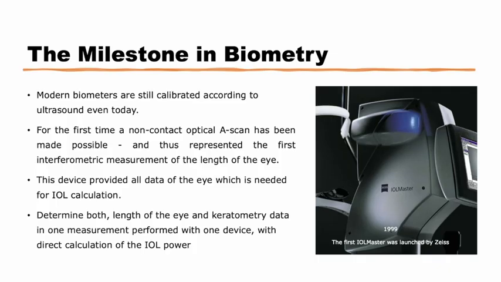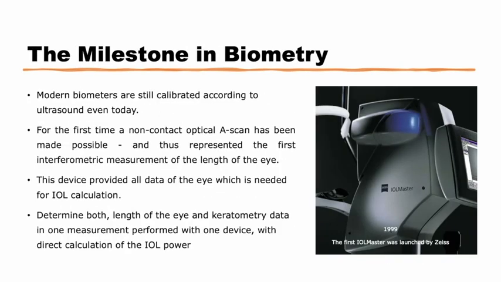For the first time, a non-contact optical A scan was made possible. Thus, it represented the first interferometric measurement of the length of the eye. This device provided all eye data needed for IOL calculation.